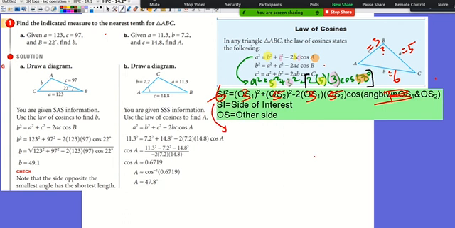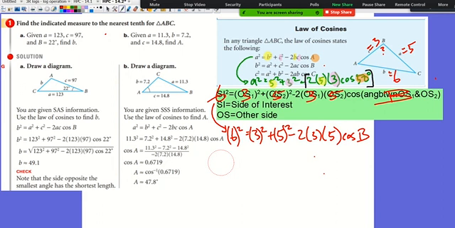As of right now, my equation is going to be 6 squared equals 3 squared plus 5 squared minus 2 times 3 times 5 times cosine of B. Now, if you understand that, you understand the hardest part.